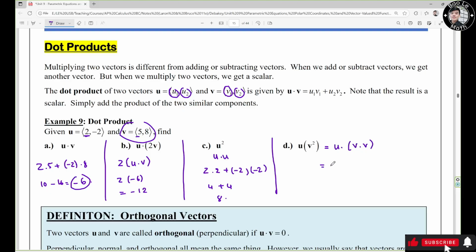So this is the same thing as u times v dot v. Now, 5 times 5 is 25, 8 times 8 is 64, so you add them up, right? Now 25 plus 64 is going to be 89, right? So vector u is ⟨2, negative 2⟩, so the result is ⟨178, negative 178⟩. The answer for this one should be a vector, so be careful.